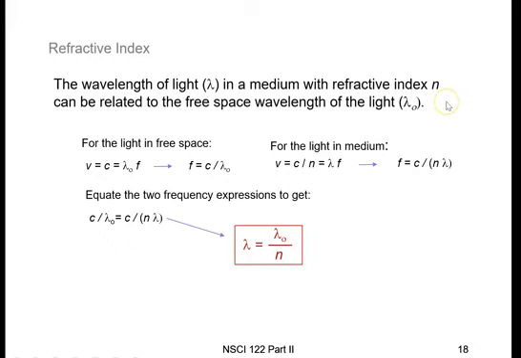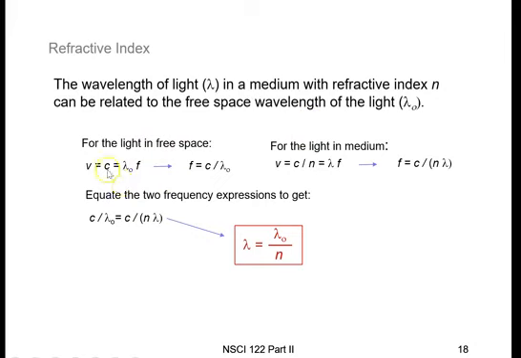And let's suppose that for this particular light wave, there is a corresponding free space wavelength, lambda naught. So if this light wave were in free space, it would have wavelength lambda naught. In this material, it has wavelength lambda. Well, you can do some algebra on these relationships we have. So I'll go through it quickly.